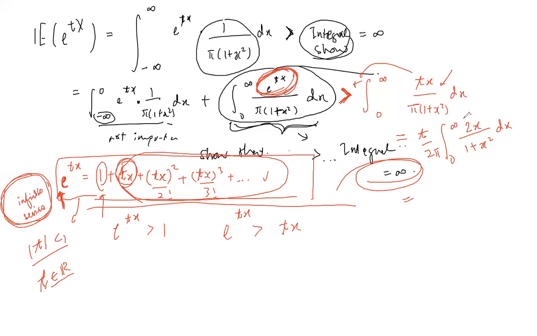And this part here is the derivative of this denominator. And we know from basic calculus that this integral will be log of 1 plus x squared. When I write log, it means ln. If it's log base 10, the 10 will come out. So when I write log, it means ln.